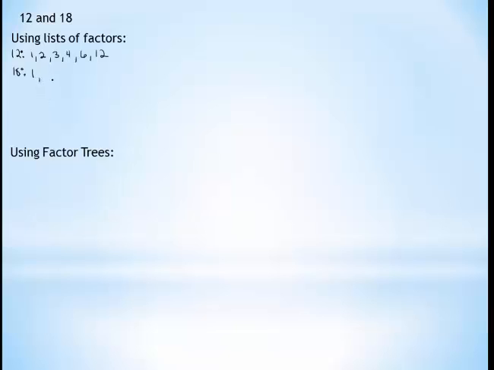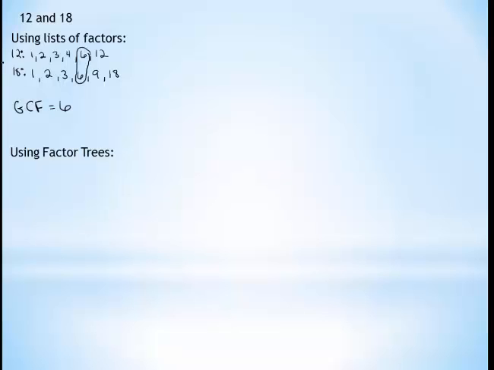With 18, we have a 1, 2 goes into 18, 3 goes into 18, 4 does not, 5 does not, 6 goes into 18, 9 goes into 18, and 18 goes into 18. Once we've listed all of the possible factors, we move along until we find the largest factor that they have in common. So the GCF is going to be 6.